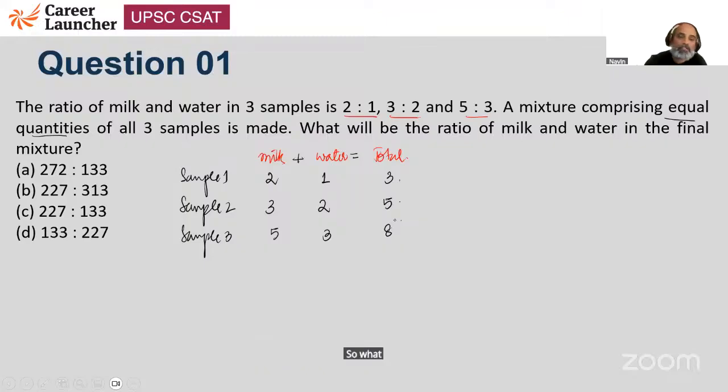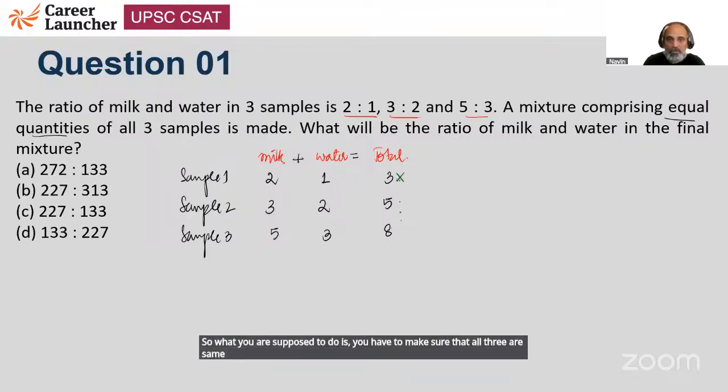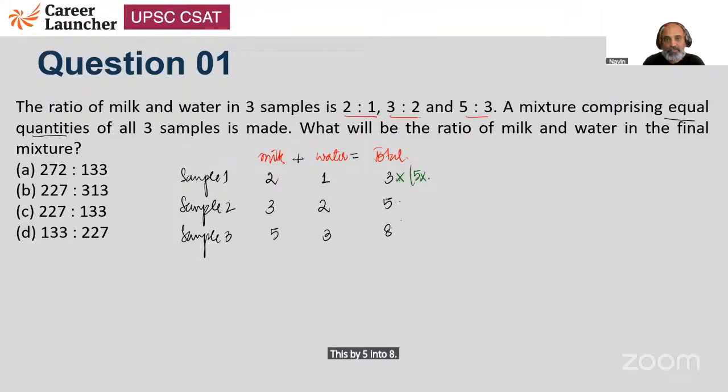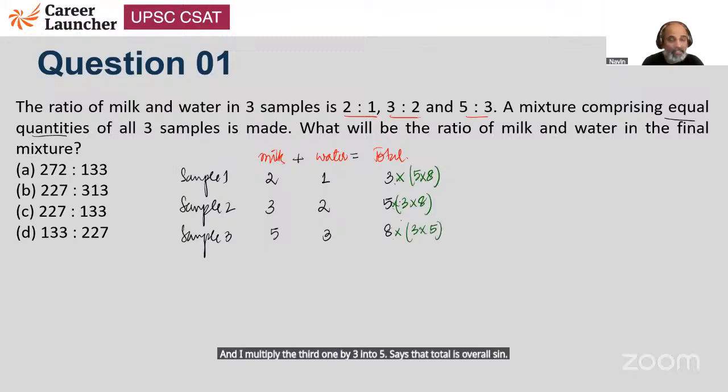So what you are supposed to do is you have to make sure that all three are same. So I'm going to multiply this by 5 into 8. I'm going to multiply the next one by 3 into 8. And I multiply the third one by 3 into 5. Such that total is overall same, right?